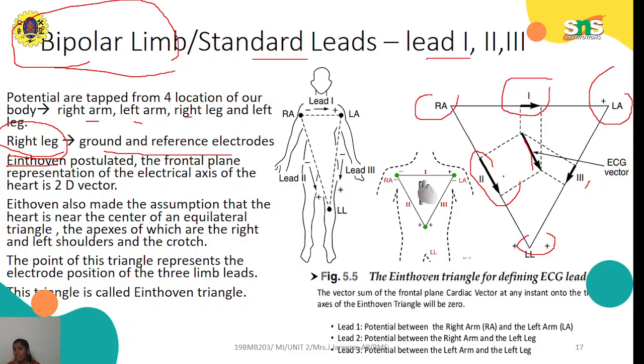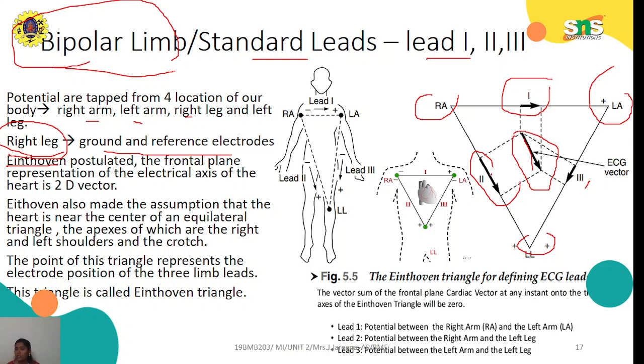Okay, so here you see lead 1, it will mostly cover the right side of the heart. Consider this is going to be the heart. Okay, so this cardiac vector axis is going to cover from top to bottom, that is the atria to the ventricles. So this cardiac vector is almost similar to the output of the cardiac vector of lead 2.